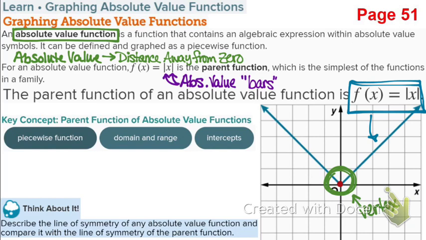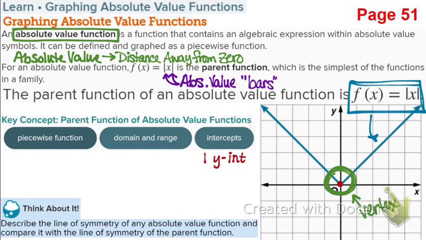What about if I took this graph and instead of shifting it up, I shifted it down? Would it still touch the y-axis? Would it touch the x-axis? If I shifted it down, would it still only touch the x-axis in one spot? Then it would touch in how many places? 2. So when I'm thinking about my intercepts, there will always be one y-intercept. It's always going to touch the y-axis somewhere.